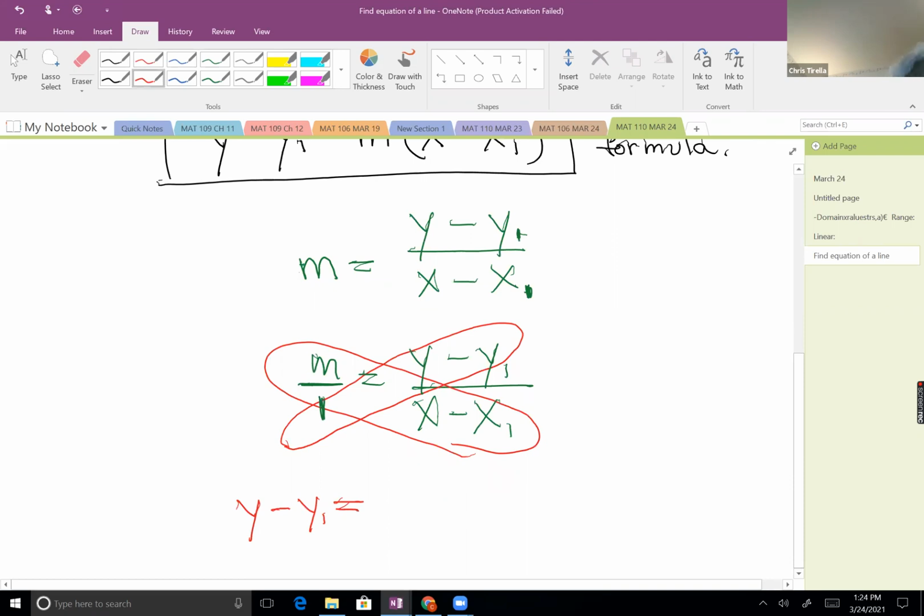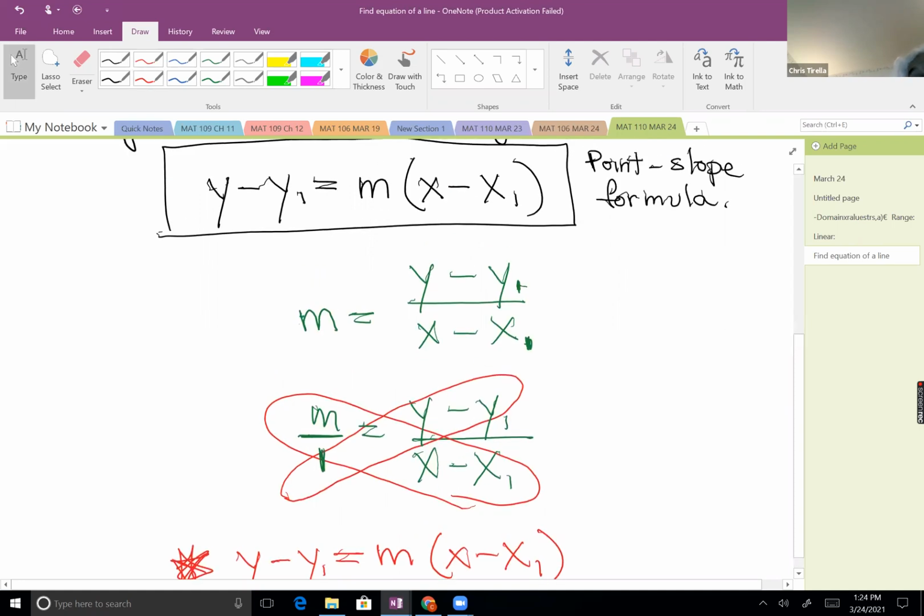And on the other diagonal, I get m times x minus x1. And so do you notice that this point slope formula is really just what happens to my slope equation if I cross multiply and get rid of the little twos? Which I don't know if that'll help you remember it. I know it helped me remember it, to think that I'm just cross multiplying with that formula that I know already.